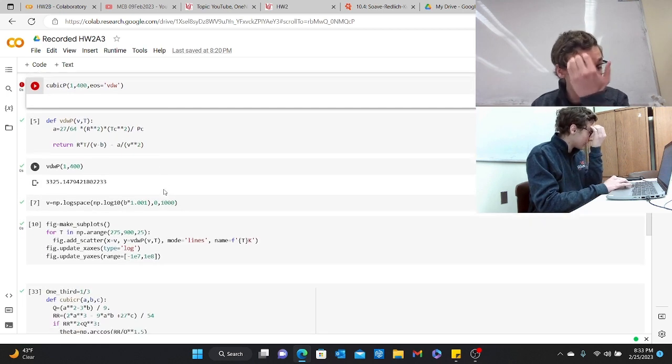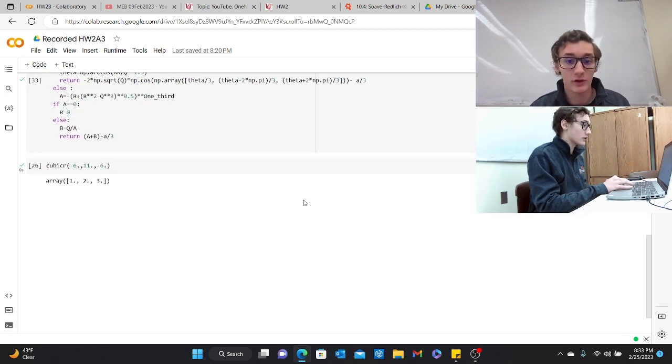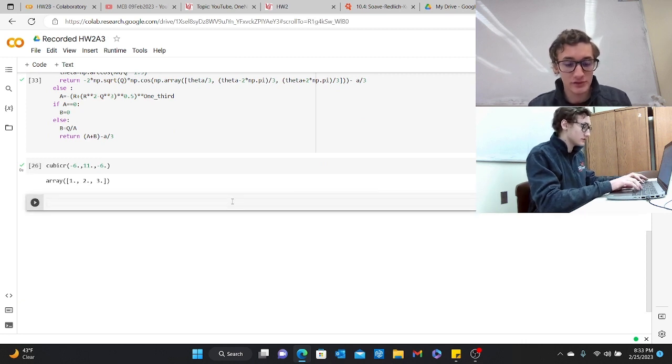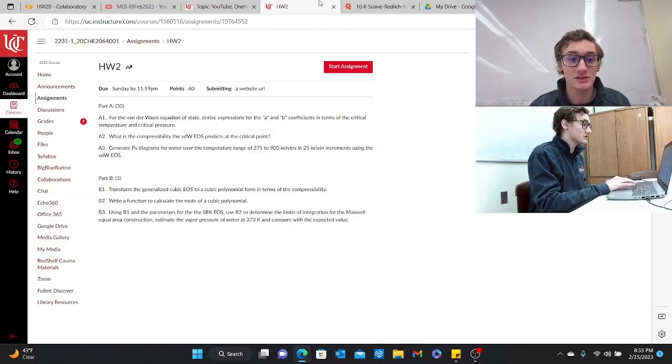So what we're going to do now is code our volume equation. In doing so, we actually get to use what we derived in part B1.